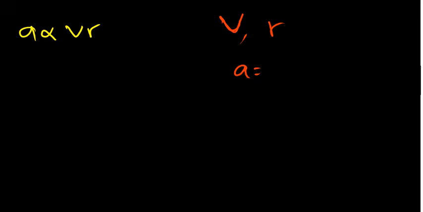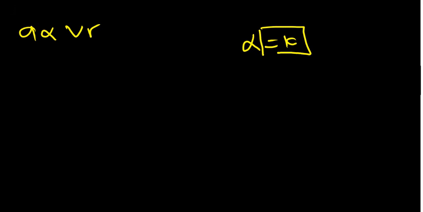Then the next thing is we are supposed to replace the proportion sign with an equals sign and a k, meaning that k is a constant. We really don't know if we had a number, maybe we had a 1, we don't know.